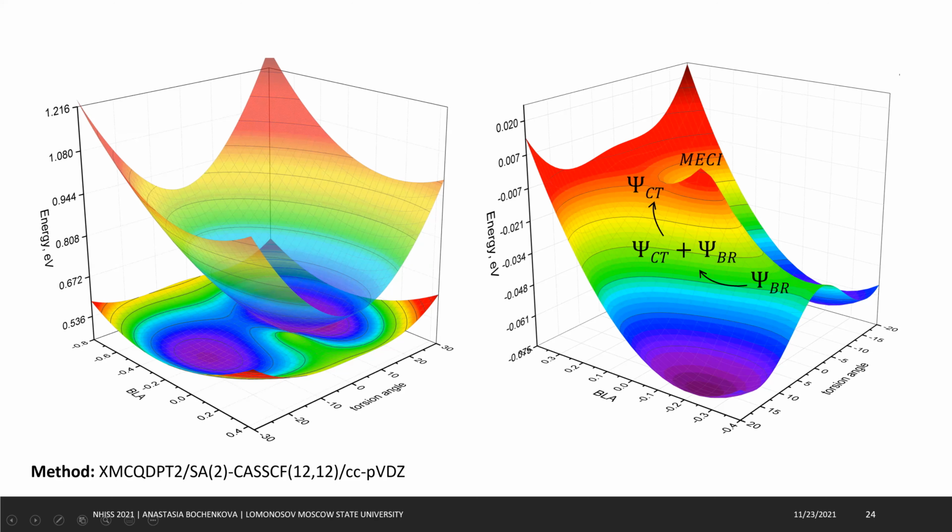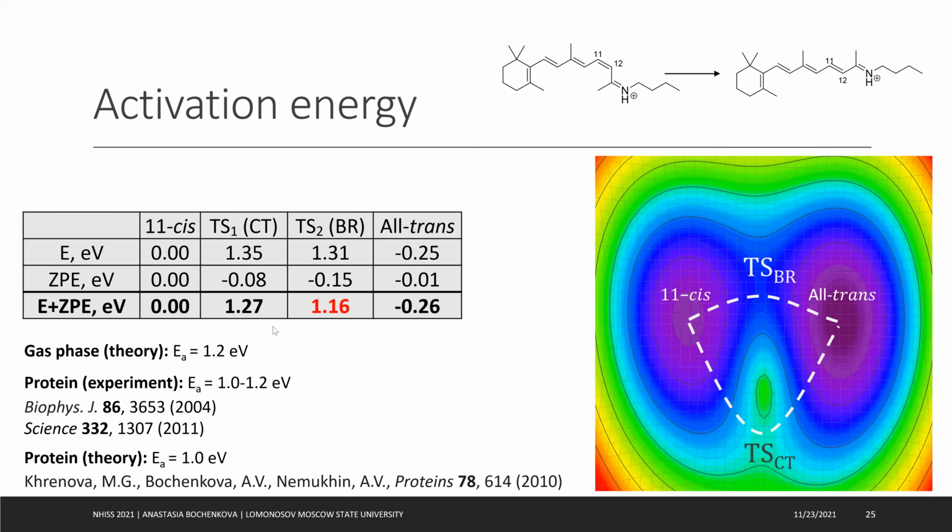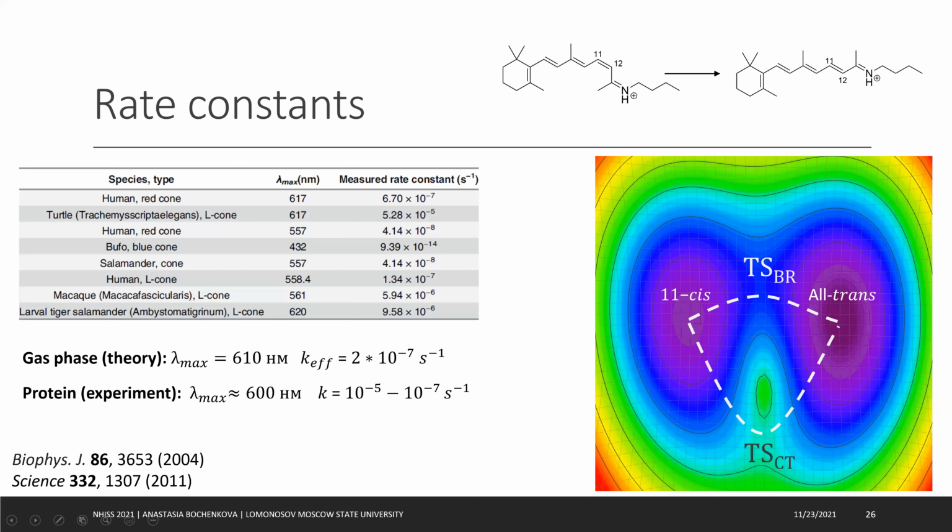Okay, so what have we found? We have found that the barriers are quite high. They are more or less as high as those observed inside the protein environment, something like 1.2 eV. We also calculated the rate constants, and they are also in quite good agreement with what was found experimentally for the red absorbing proteins.